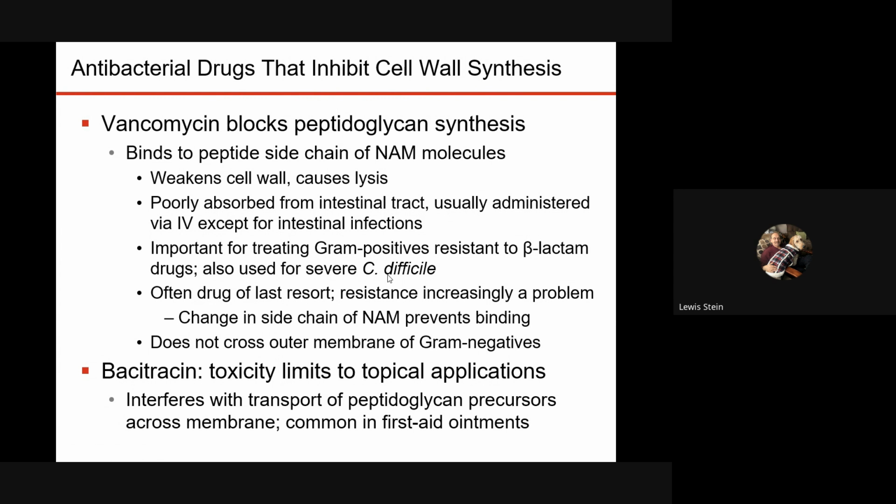So vanco, I'll just put that in, resistant. This is what the acronym stands for. Enterococcus. And we think the reason we have vancomycin-resistant staphylococcus is a transposon. You might remember that from genetics, one of those neat things that can jump around, latched on to vancomycin resistance from enterococcus and transferred it to staphylococcus.